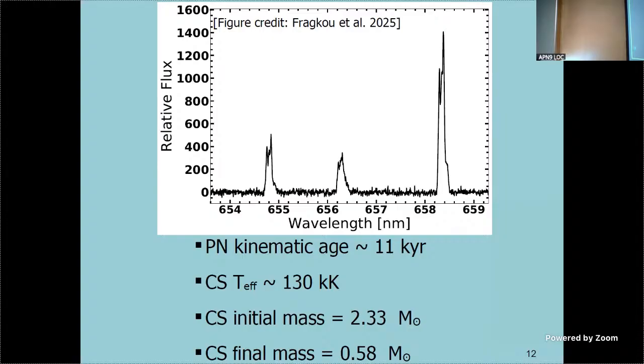You can see here how there are double peaks in the lines. This is indicative of the high resolution spectra, where each peak traces a different component of the nebula. And in this way, we can measure with high accuracy the radial velocity of the planetary nebula.